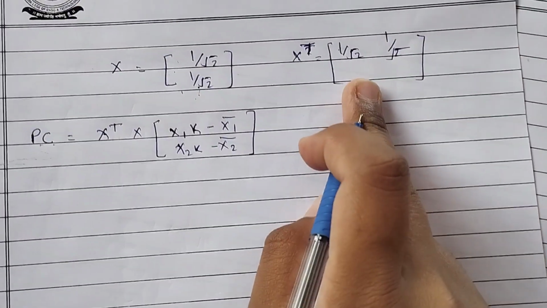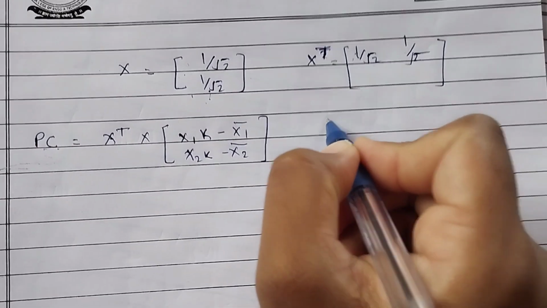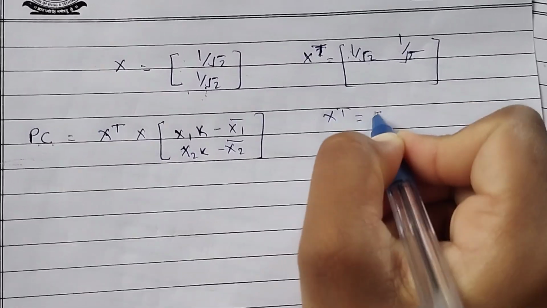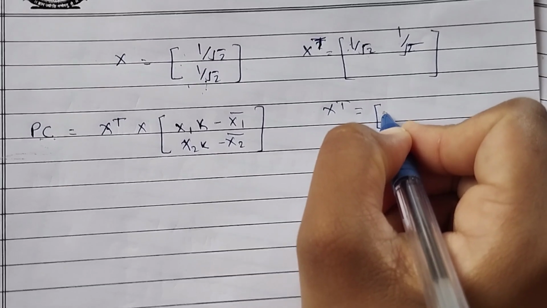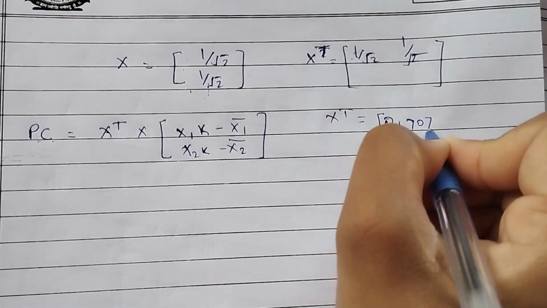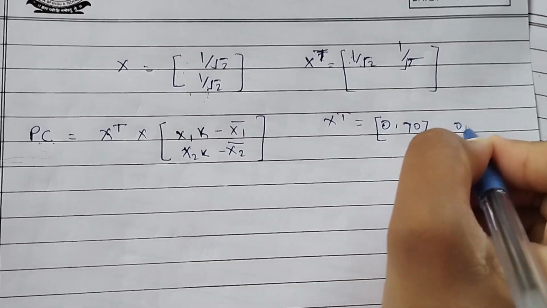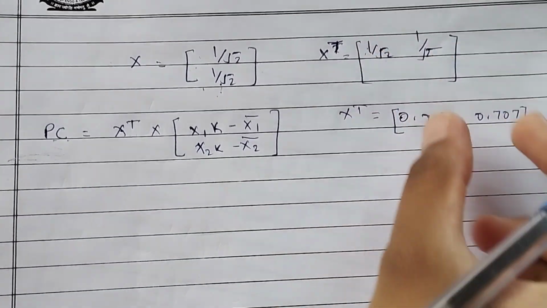For further simplicity, we put these values first. So 1 by root 2 gives the value 0.707, 0.707. This is the x transpose.